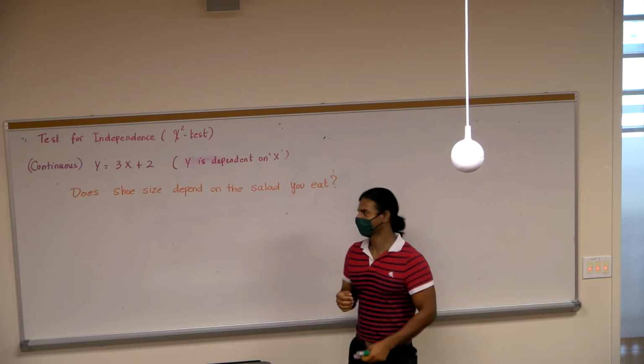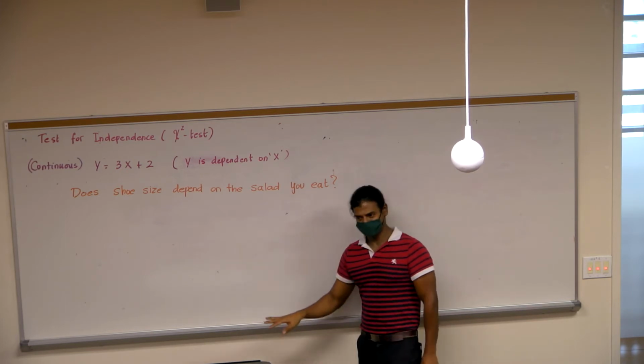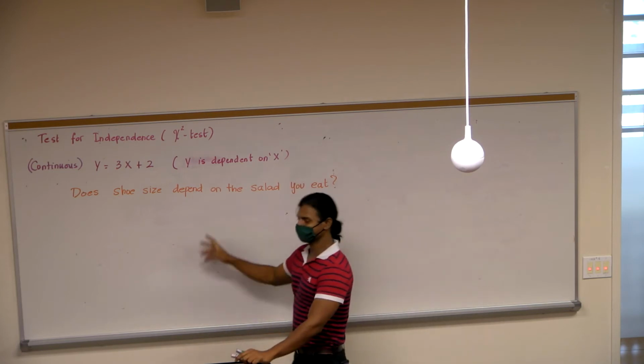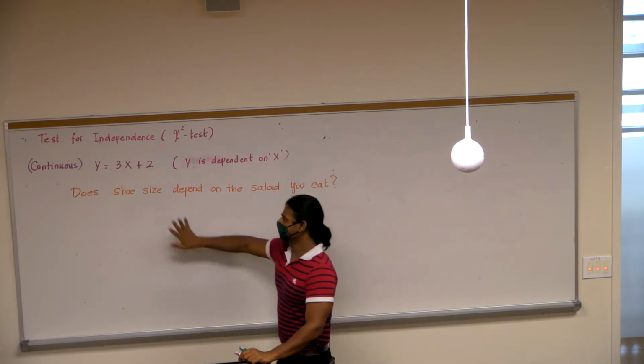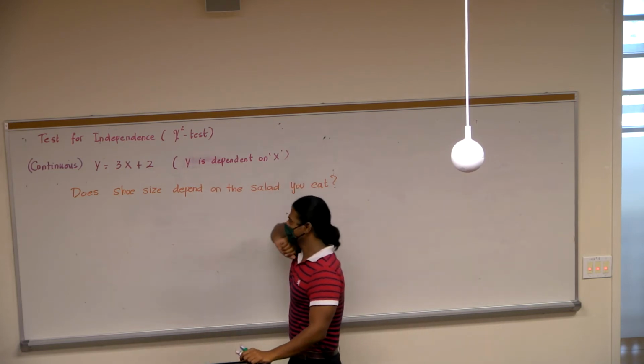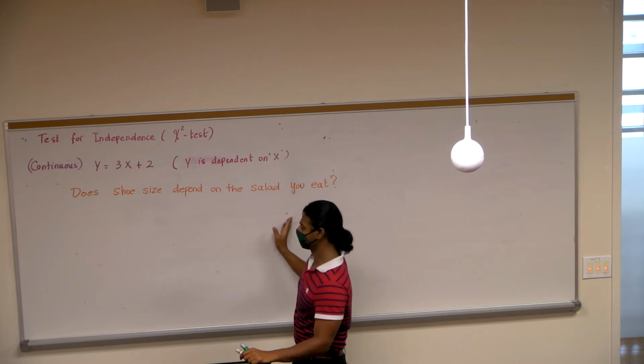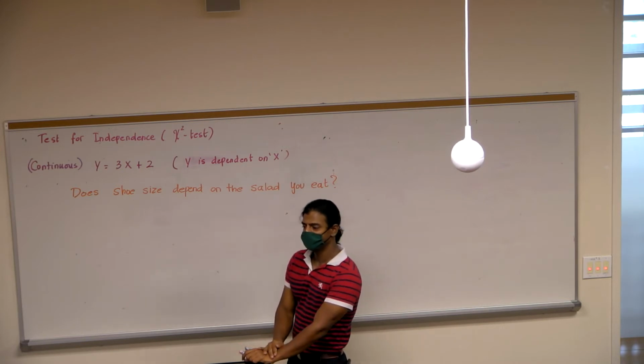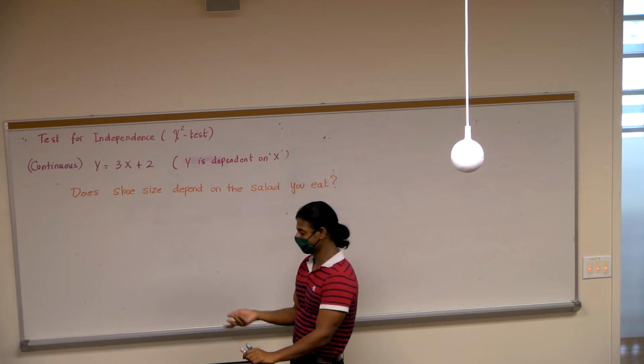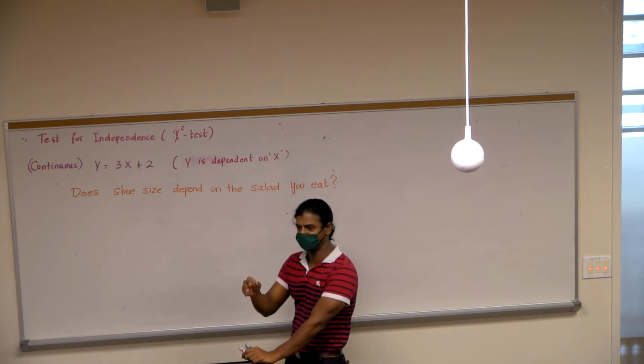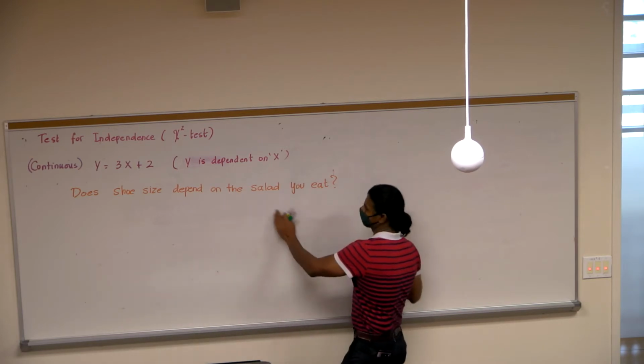Now, this is a very silly case, but I'm trying to make a point here. If someone asks you, does shoe size depend on the salad that you eat? It may be Caesar, we could have a bunch of cases, Italian and whatnot.